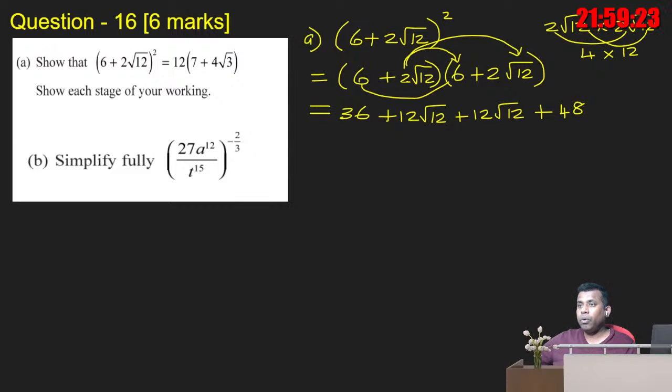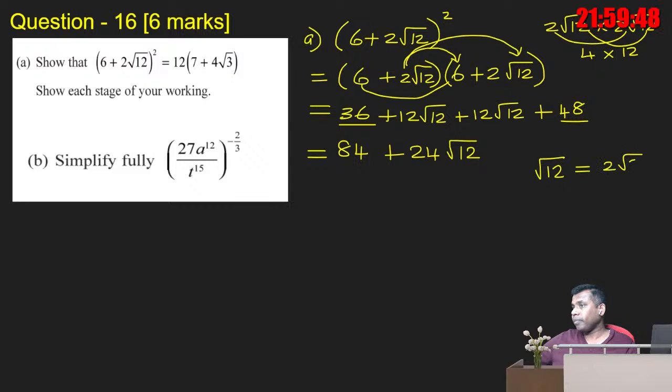Now what we need to do is collect like terms: 48 plus 36 is 84, that is the number, and plus 24 root 12. Now root 12 can be written as, you all know that one, 2 root 3.